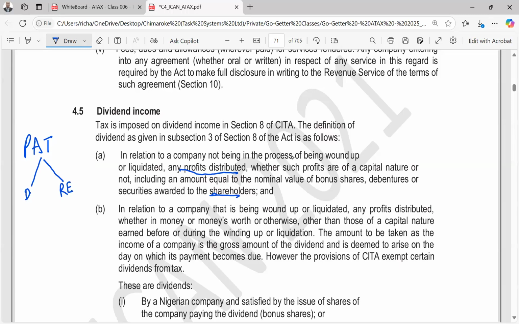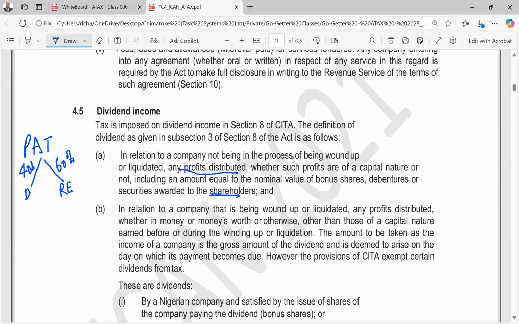And some companies usually decide a percentage of how much to share and how much to retain. Maybe they can retain 60%, for example, for expansion, and they can decide to distribute 40%.